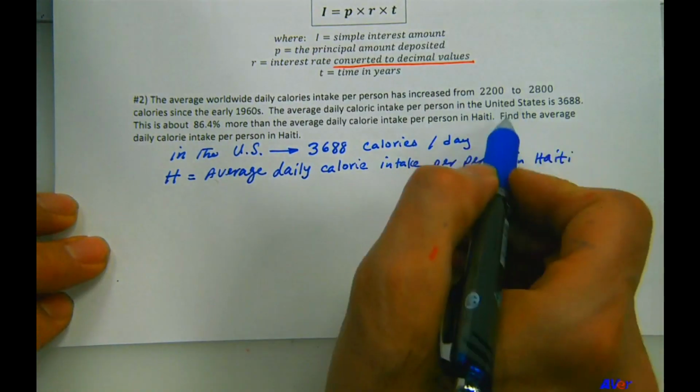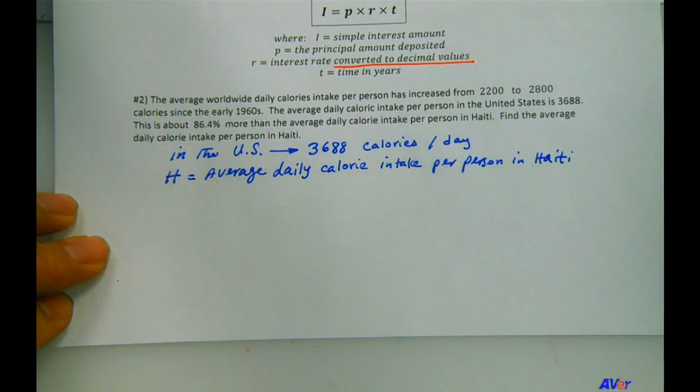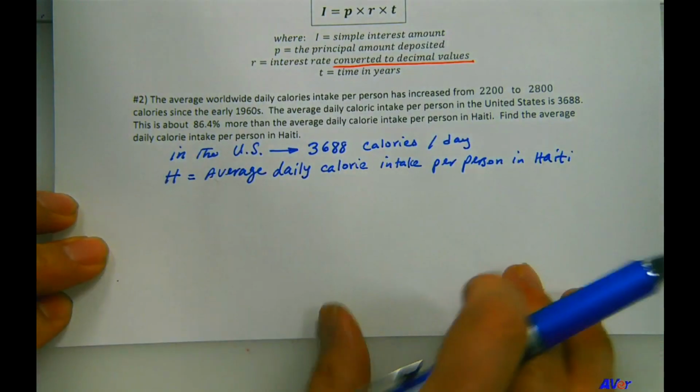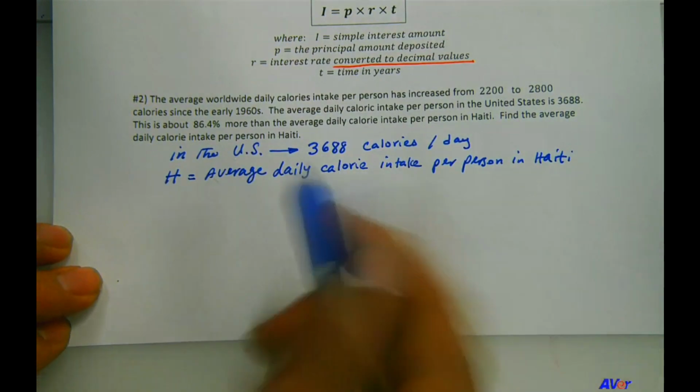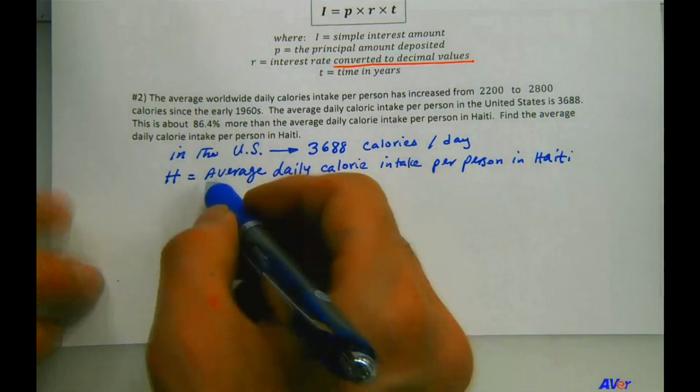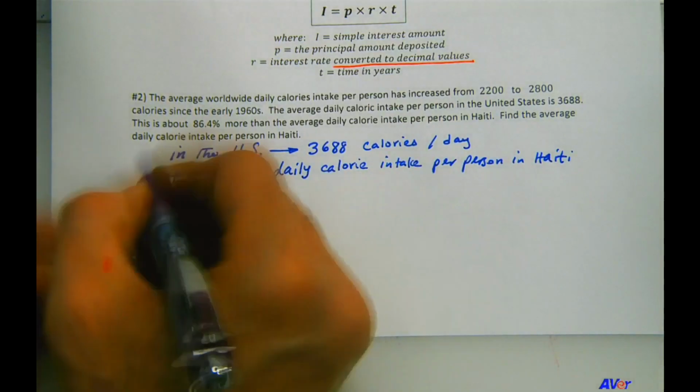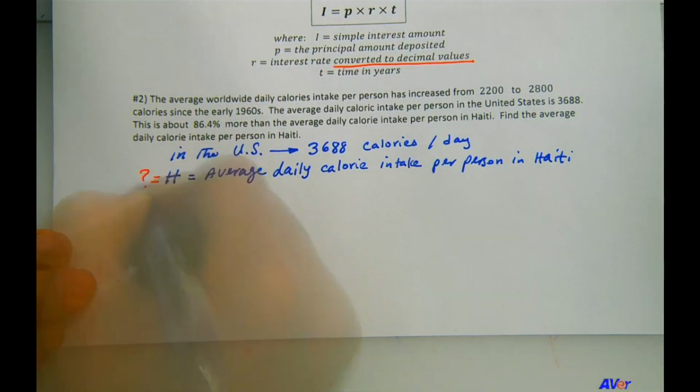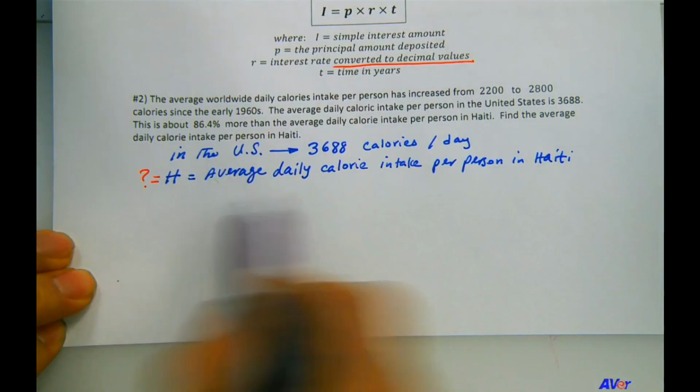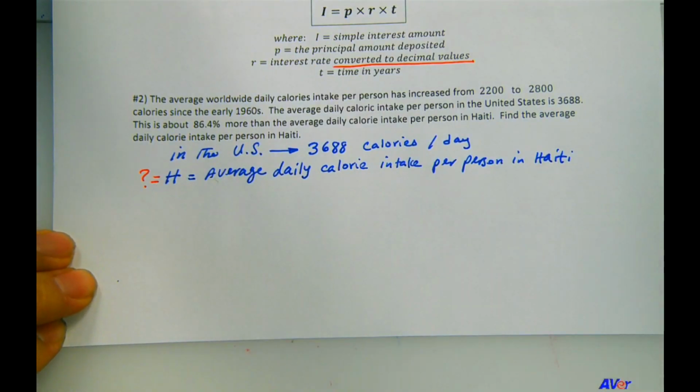That's what they want us to find. That is the unknown. That is the thing we want to assign a variable to. Okay? Very important step. So, if we're looking for this, right? So that is the unknown. Here's the question mark. What is that? What is the average daily calorie intake per person in Haiti?